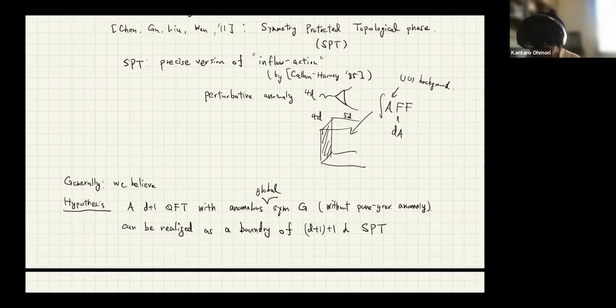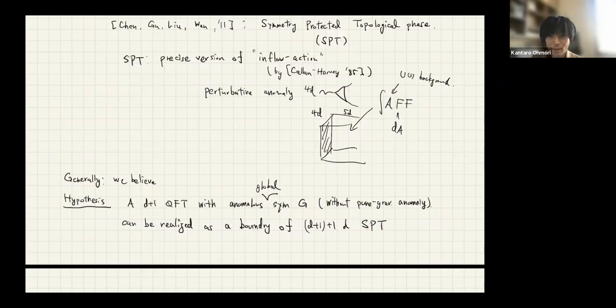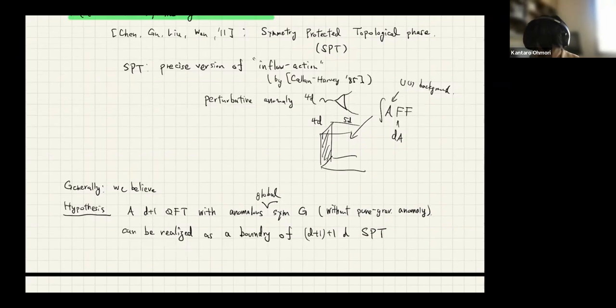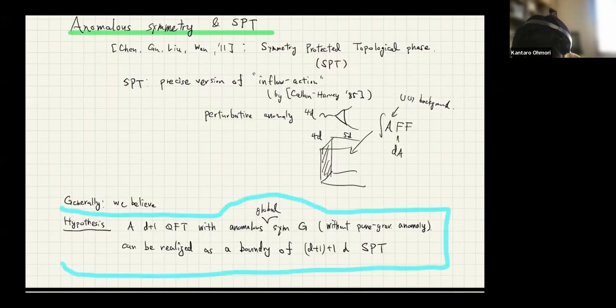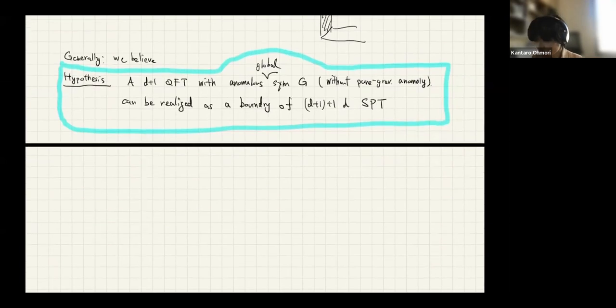So instead of the inflow action of this Chern-Simons type, we regard the general SPT as what replaces the Chern-Simons action in the general setting. So this is the hypothesis that we believe. Again, this is not proven, I think, in any meaning. Anyway.